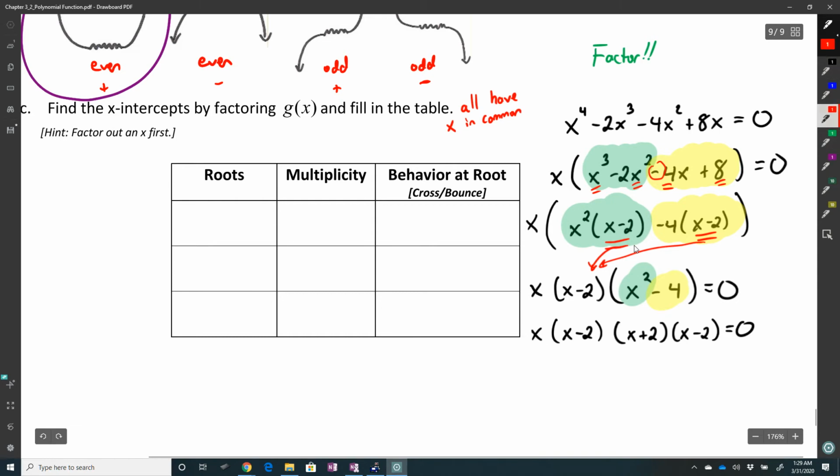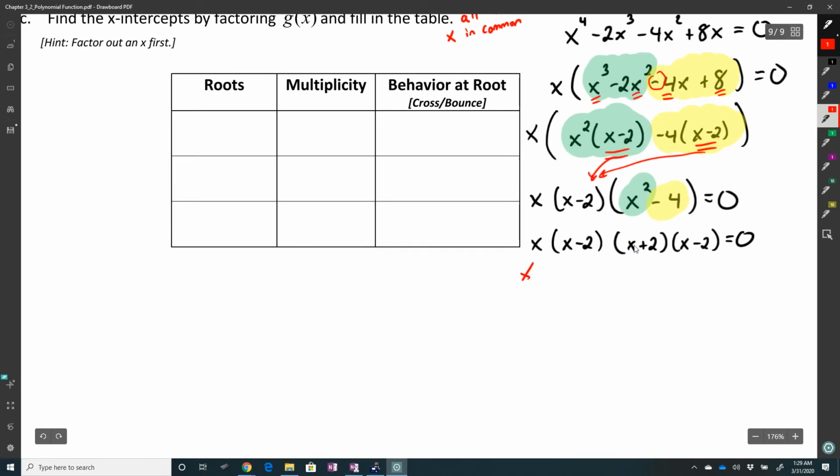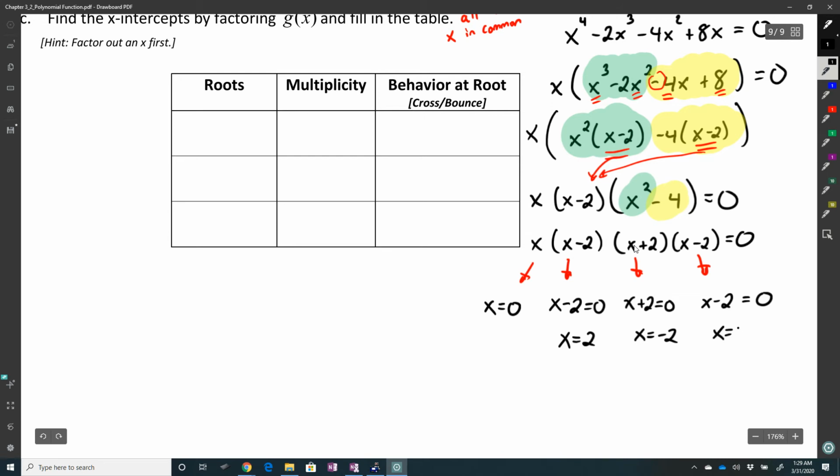And now we can set it equal to 0. So you have your 4 factors. So I have x equals 0, x minus 2 equals 0, x plus 2 equals 0, x minus 2 equals 0. So x equals 2, x equals negative 2, and x equals 2.